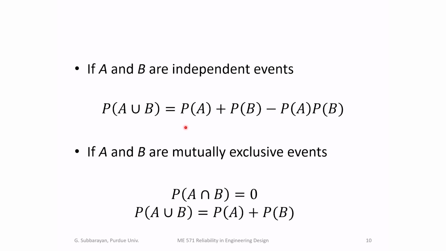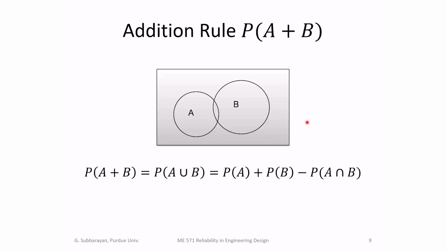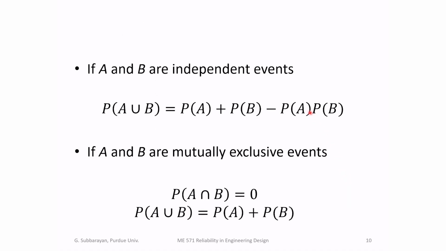Again, if A and B are independent events, we learned that the product A and B, or A intersection B, reduces to probability of A times probability of B if the two events are independent. I talked about two coin tosses, first coin toss resulting in a tail and second coin toss resulting in a tail.